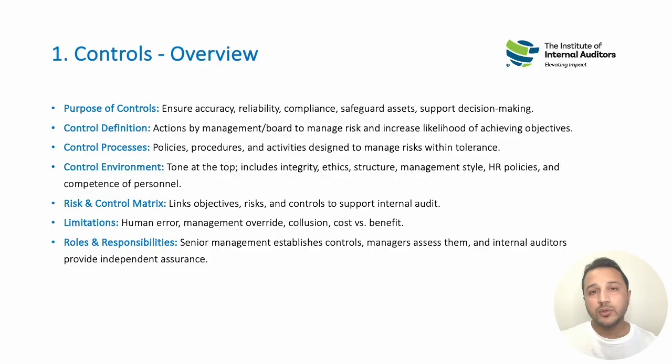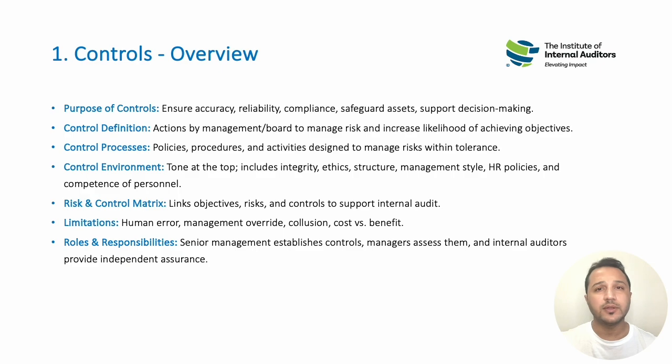There are limitations to controls, no matter how good the organization has policies, procedures, structures, system controls. At the end, people are involved within the processes, and humans are sometimes biased, sometimes they have unintentional errors. So these are limitations. Management can also override controls.